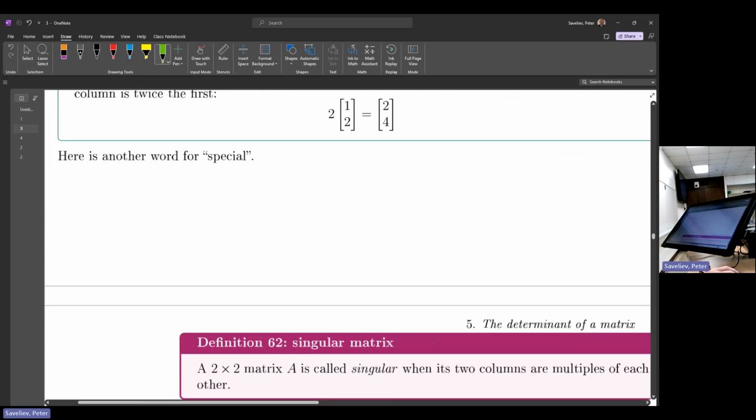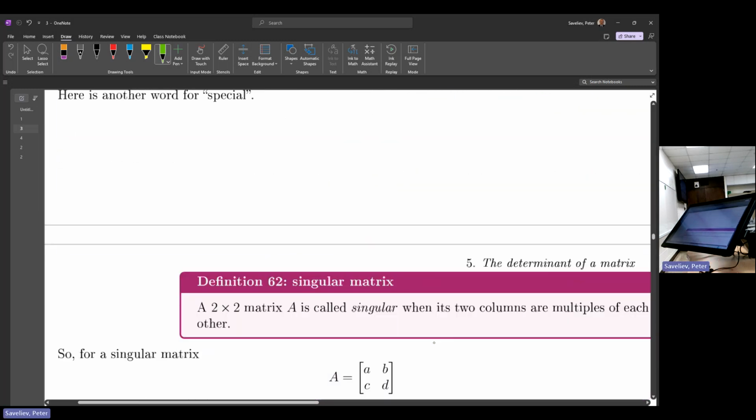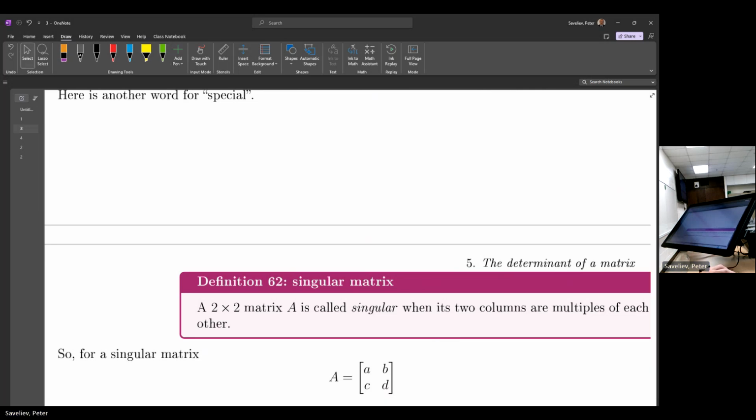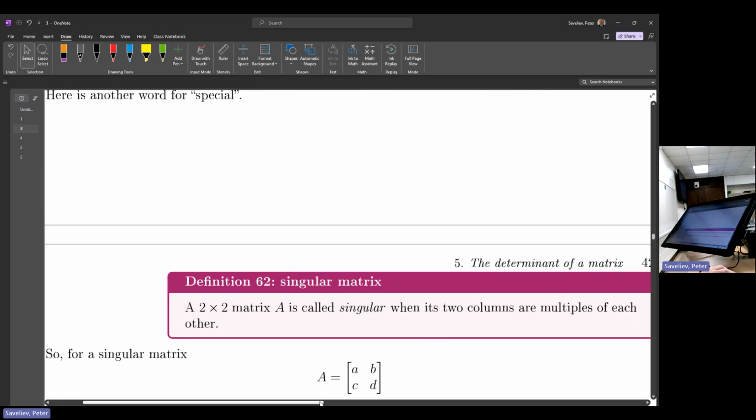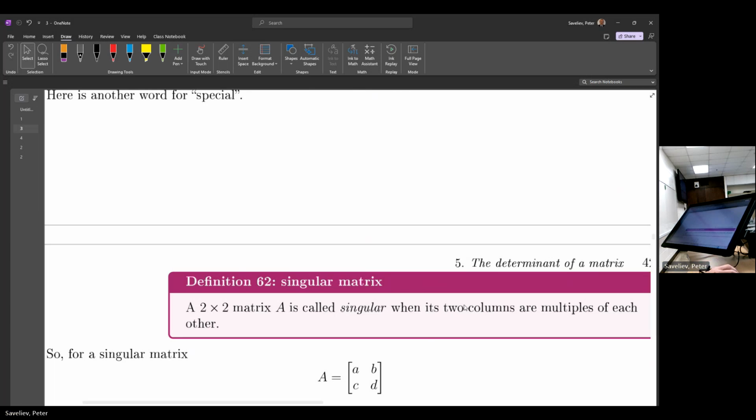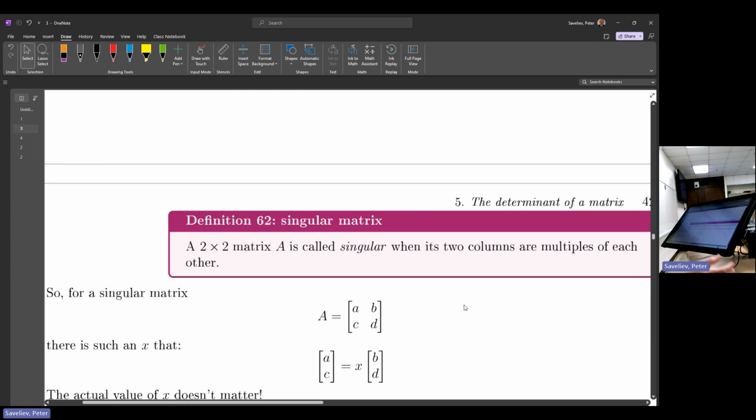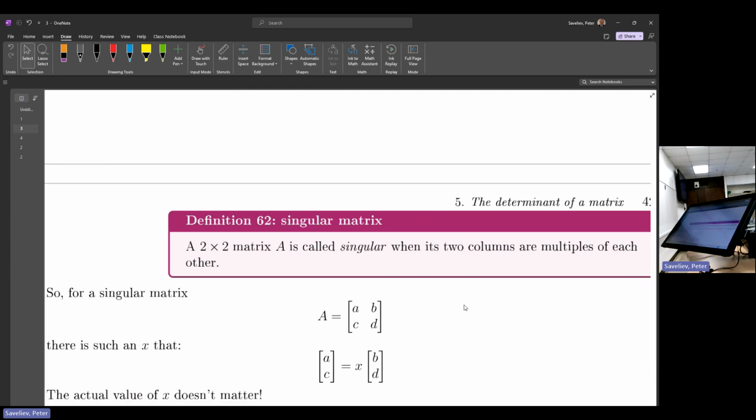In other words, special is singular. So a matrix is called singular if its two columns are multiples of each other. Okay. So if we try to analyze what it means algebraically, it means that (A, C) is equal to (B, D) multiplied by some number X. Okay, X could be 0, by the way.